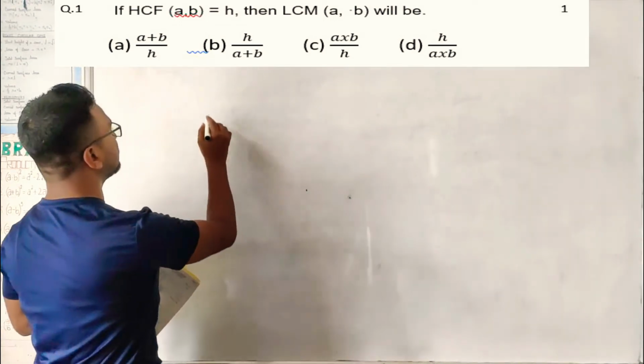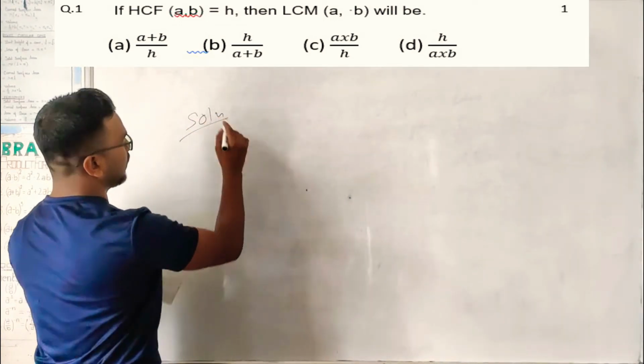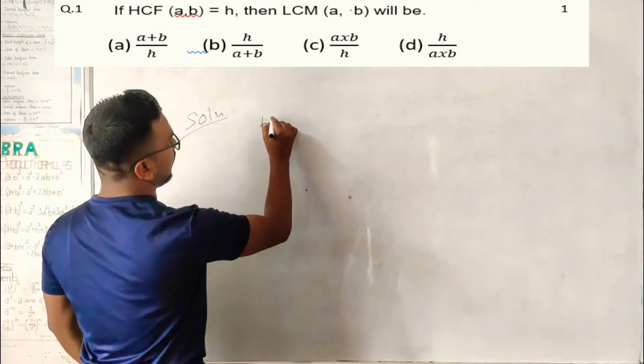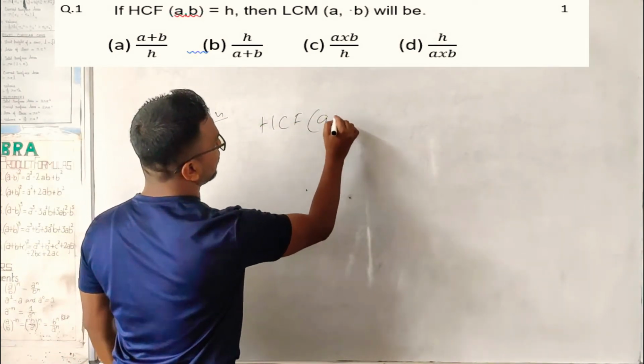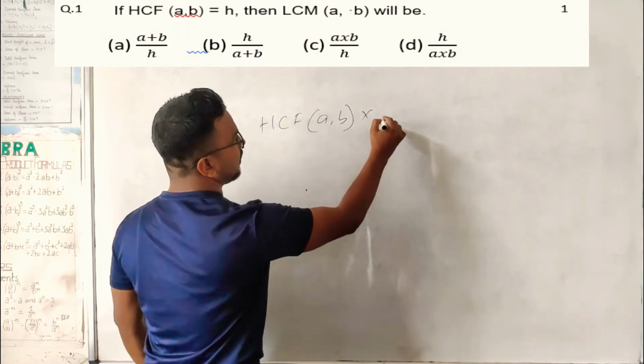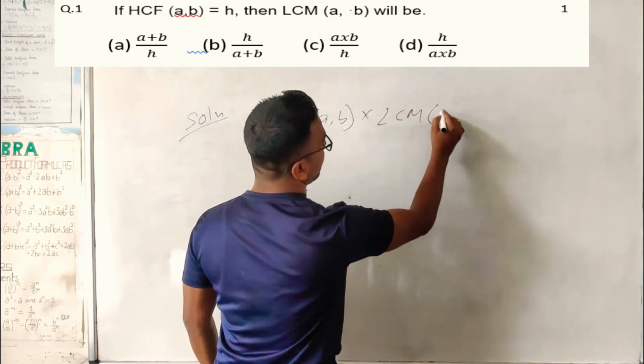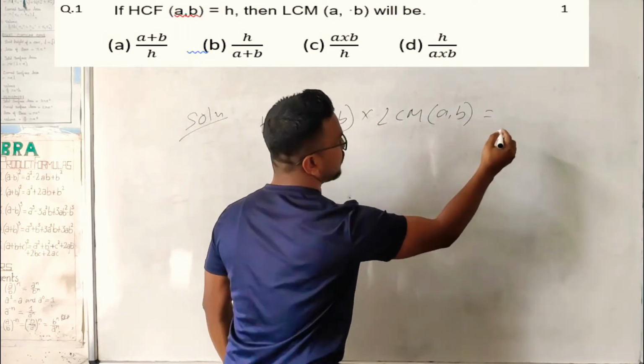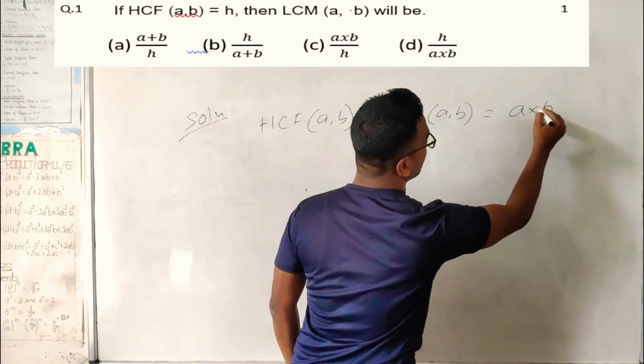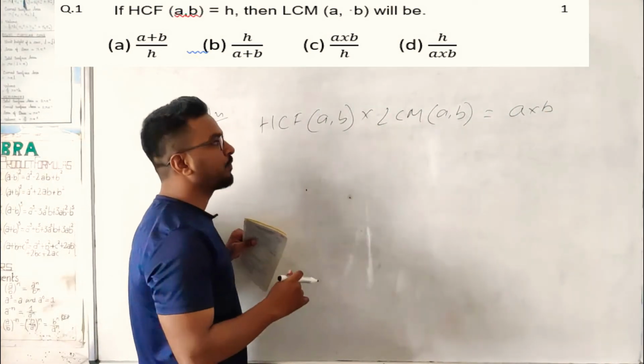As you know, HCF of any two numbers into LCM of any two numbers is equal to the product of those two numbers.